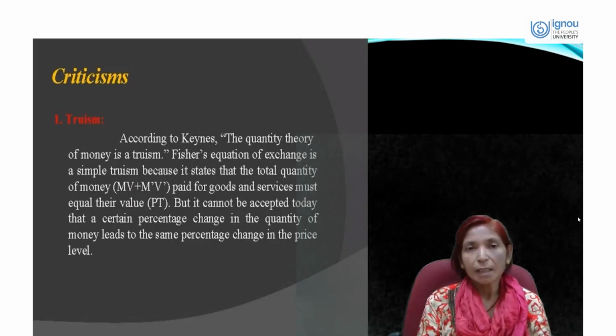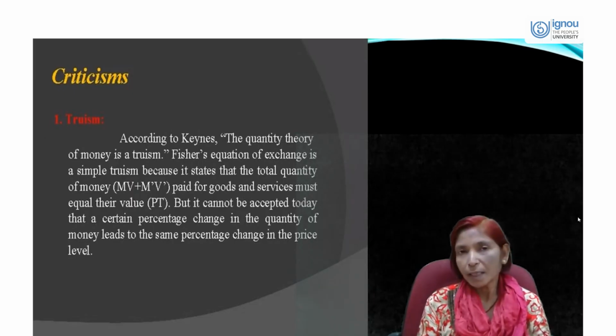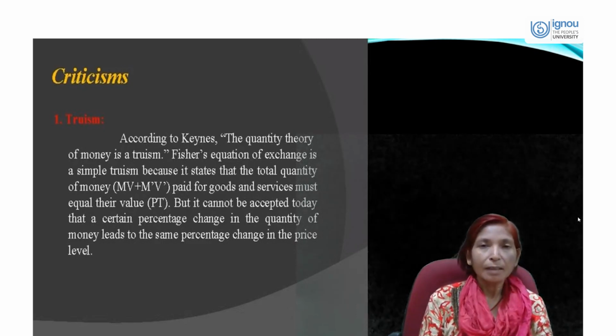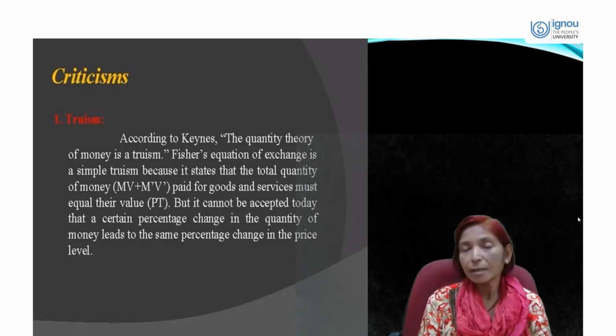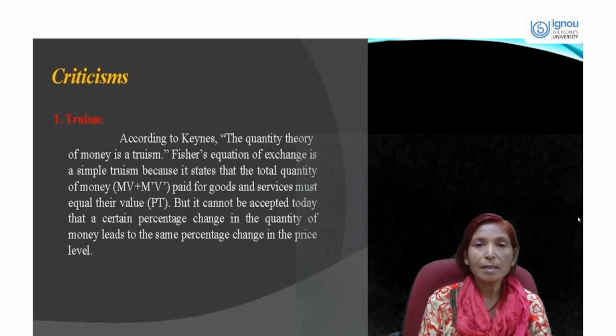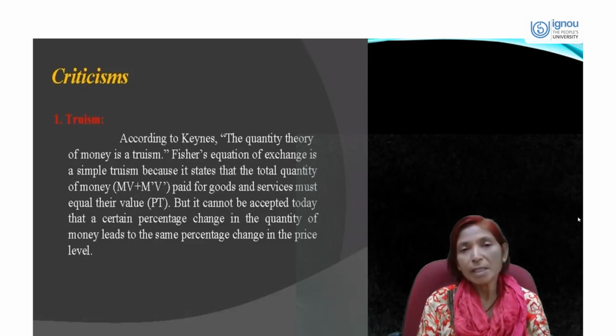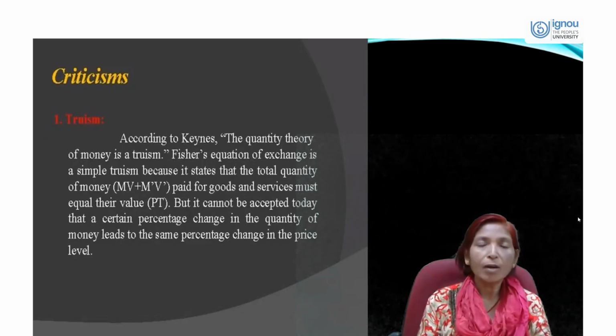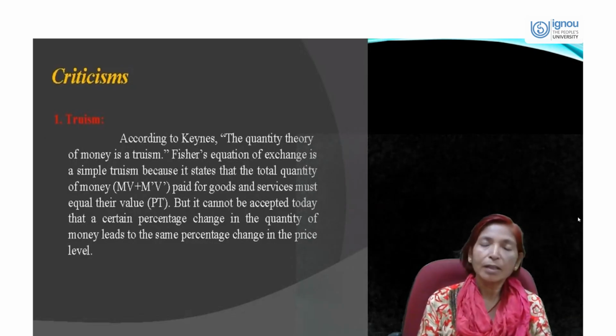But we know that under the law of demand and law of supply, price is not a passive factor. Price mainly affects demand. Price mainly affects supply. Price is an active factor, not a passive factor. Price can also affect the demand of the commodity and the supply of the commodity.